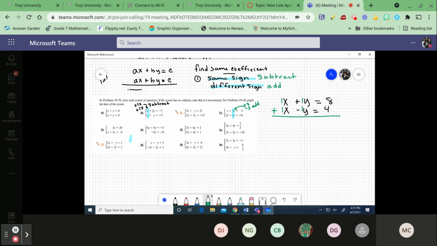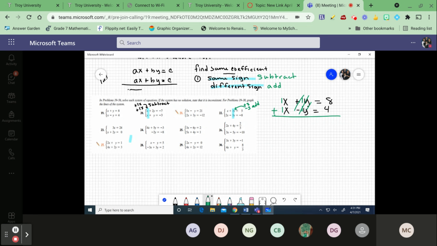I like adding better, so I try to go for the different signs, and you can change those signs if you want to. But right here, I've got positive 1y plus a negative 1y. They cancel each other out.